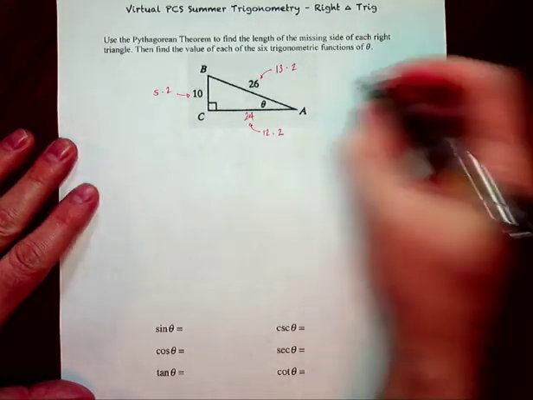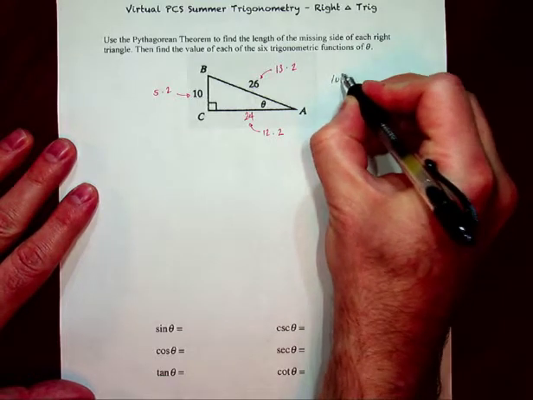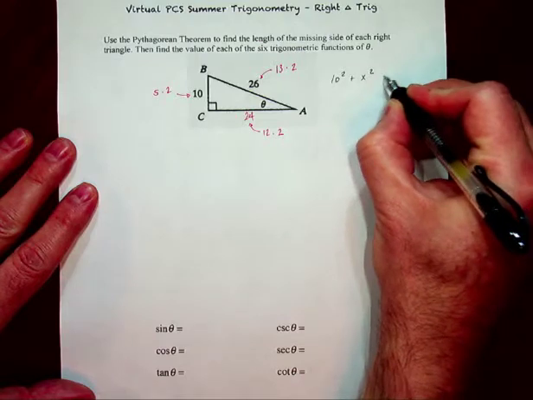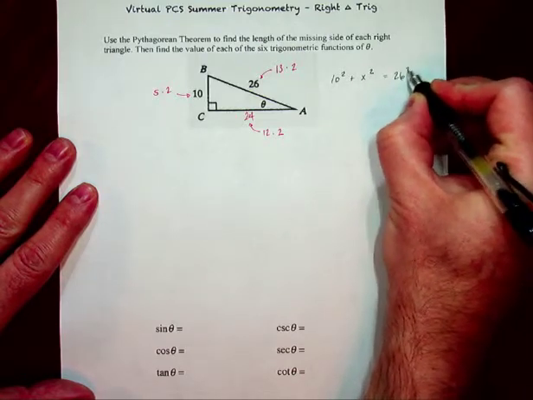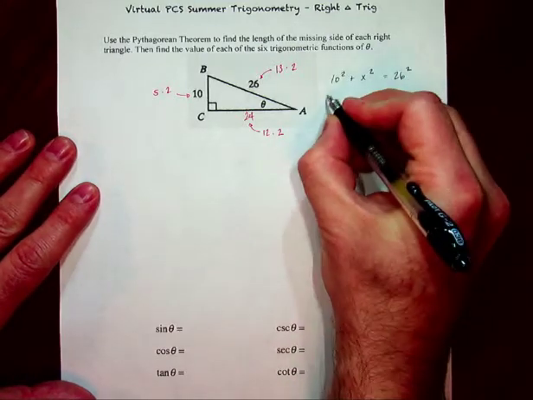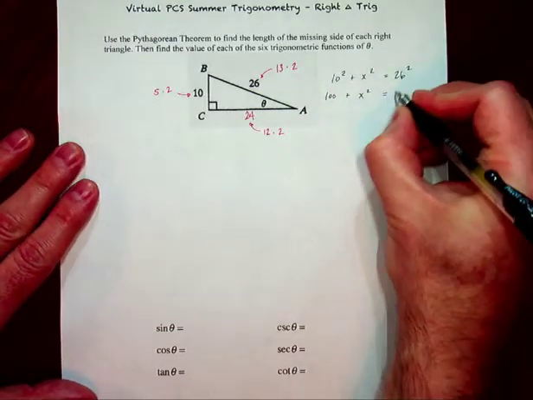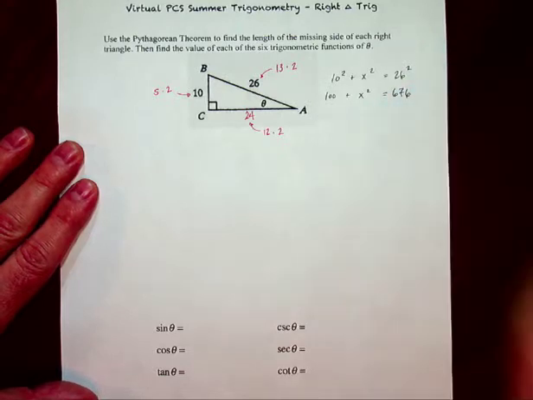What happens here is you have 10 squared plus, we'll call it x squared, is equal to 26 squared. Now, 10 squared, that's pretty easy. But 26 squared winds up being 676.